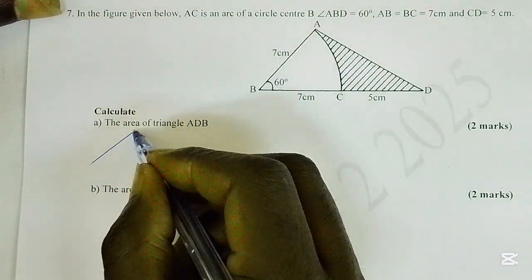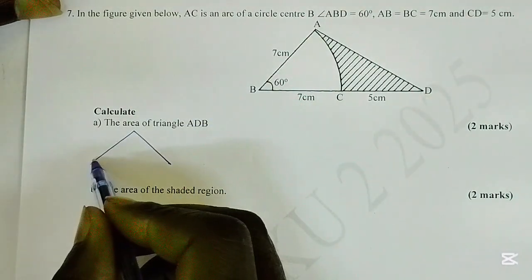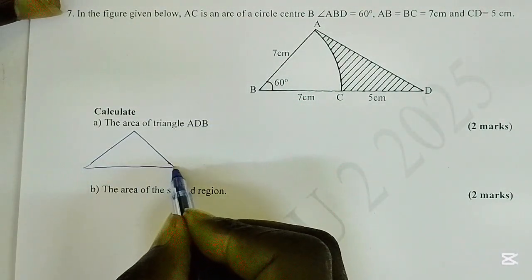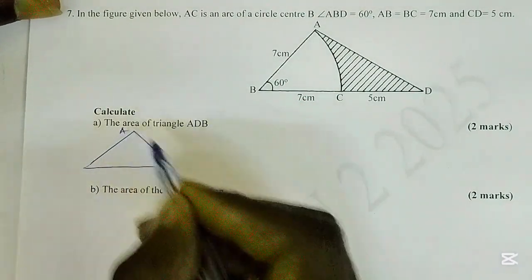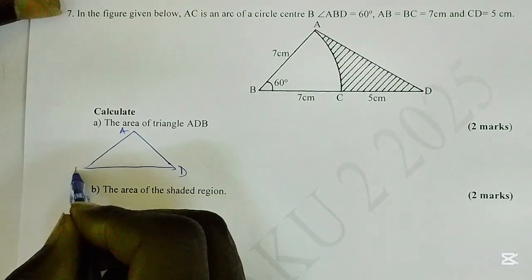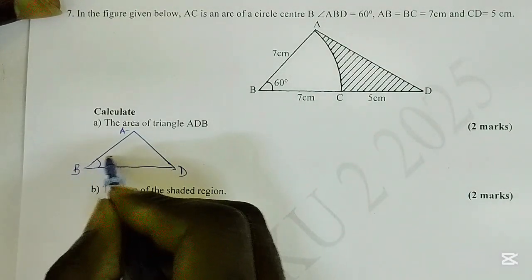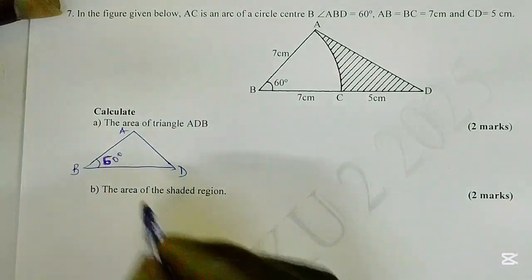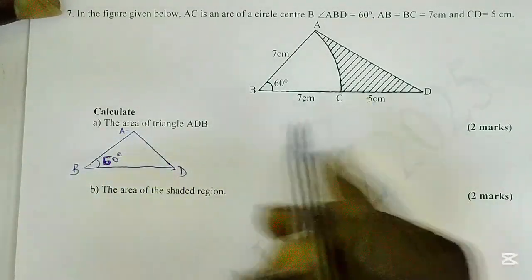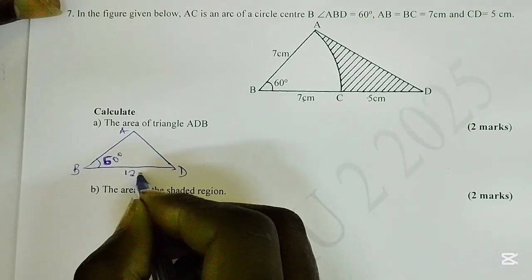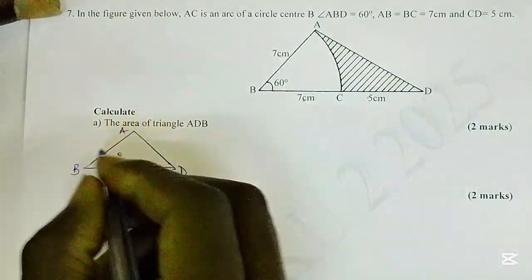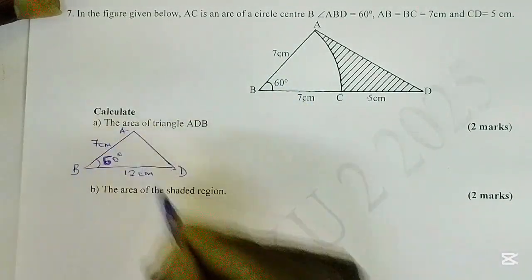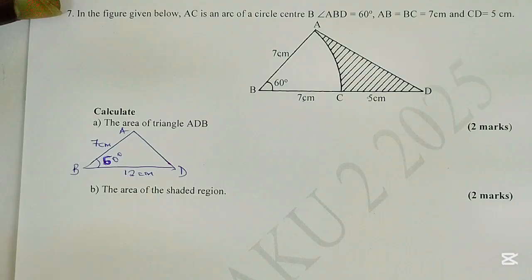Now, if you are told to find the area of a triangle, like the ADB we have here, in between there is an angle of 60 degrees. Then this side is 12 centimeters. This side is 7 centimeters. So there's no need to look for height here.